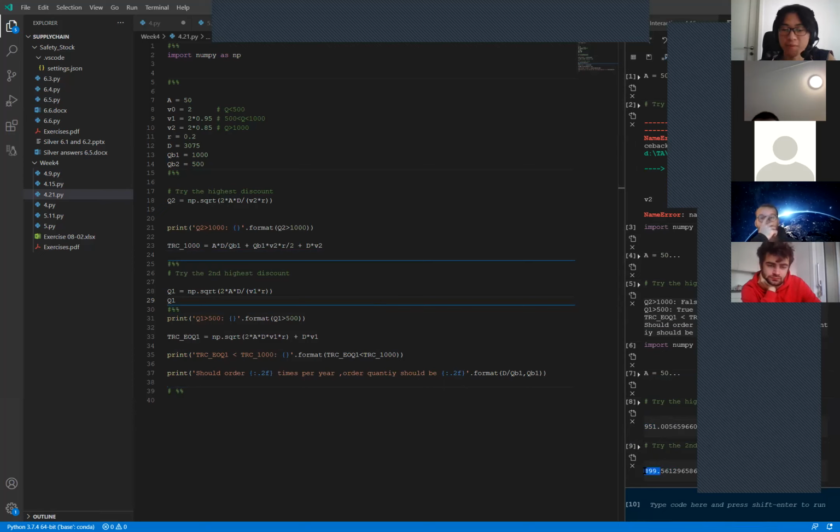Because, remember the first one? If you're using a discount, you calculate the EOQ, and you can use that discount, which means the EOQ you calculated is above the threshold, and that eliminates the base EOQ because you are for sure using that discount. And that's what we're saying here. It's above 500, which means the base EOQ is not of interest. We're not interested in that anymore.